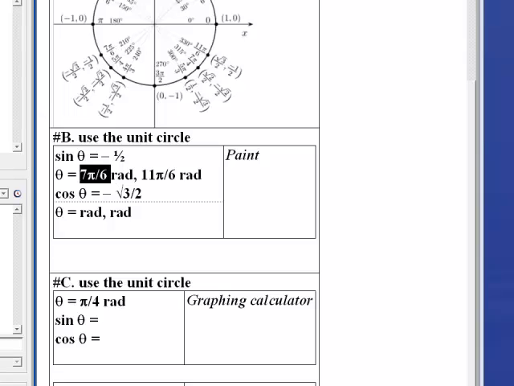So 7 pi over 6 is one of them. And the other one is negative square root of 3 over 2, where we are at 5 pi over 6. Of course, it makes sense that the negative cosine has to be in quadrant 2 and 3, and the negative sine has to be in quadrants 3 and 4.